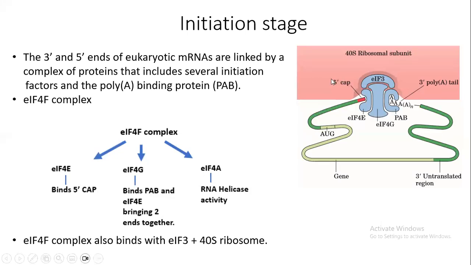It also forms a complex with eukaryotic initiation factor 3, and through interaction between eukaryotic initiation factor 3 and the eukaryotic initiation factor 4F complex, it brings basically the ribosomes in close proximity to the messenger RNA, and that allows the 40S ribosome to start scanning the messenger RNA from the 5 prime end, that is the 5 prime cap, to identify the first AUG codon.